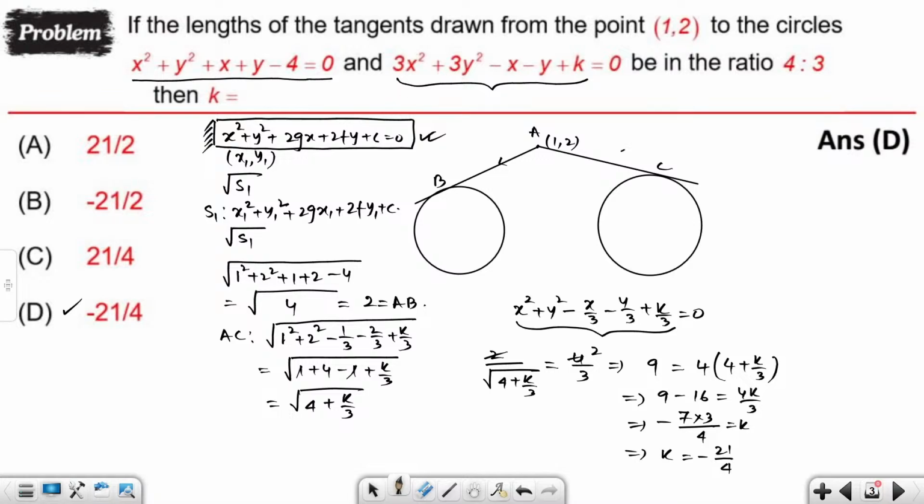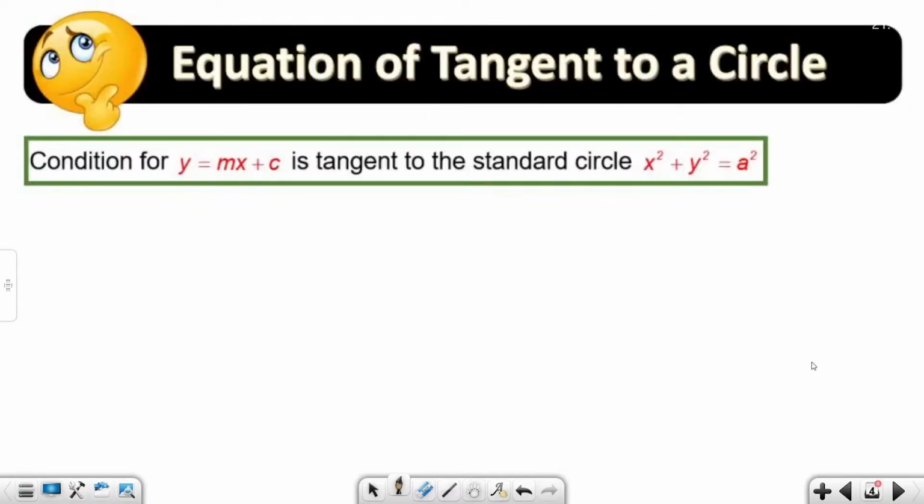Okay, so now let us move to our next portion, which is the equation of tangent to a circle. Now you see, one thing we know, that if there is a circle and a line, this line and this circle have three kinds of relation.